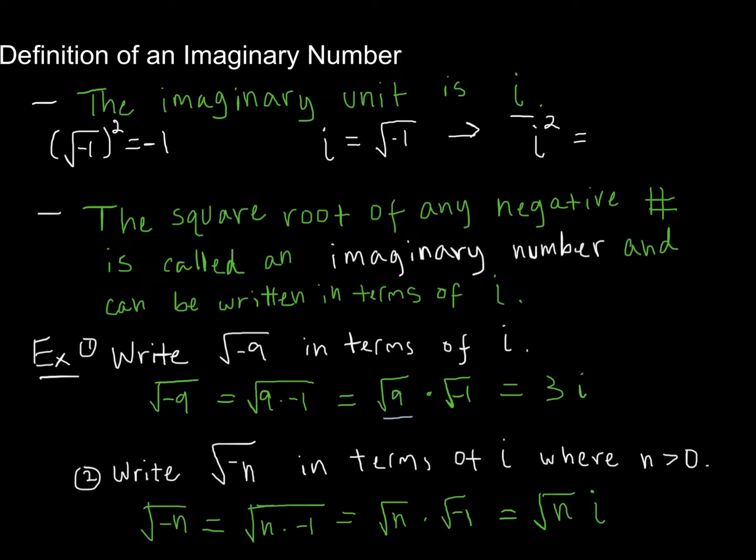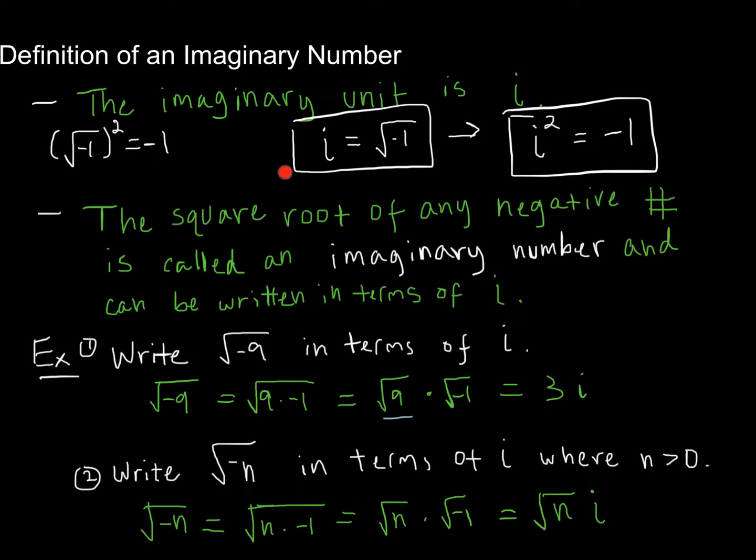Well, that's kind of interesting, right? The value of i squared is actually negative 1. And so both of these ways of defining i are equally valuable and equally correct. In general, I like to stick with this one. It helps me think of the imaginary unit just as it is, an imaginary unit.